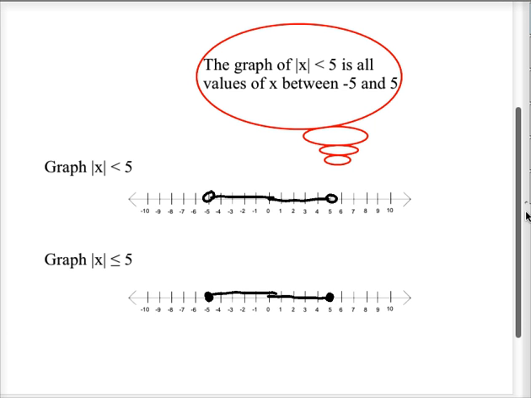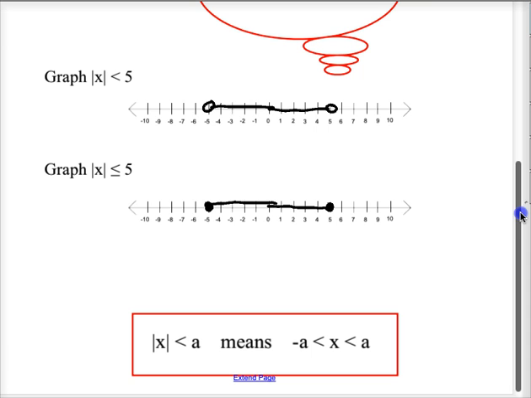But what I want you to notice is when you have an absolute value less than a number, you are collapsing down and being between those two values. So here we're looking for all the values of x between -5 and 5. And you can write that like this.